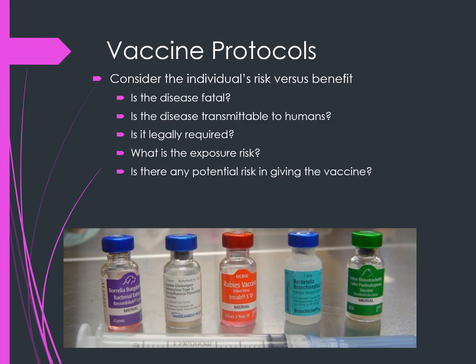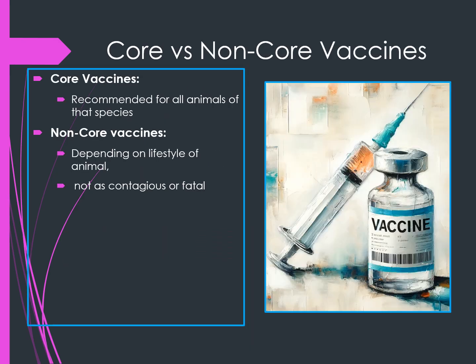So we have to also look at the health of the patient, the age, to find out what is the risk versus benefit. So this is why we have the distinction between core versus non-core vaccines. And again, these are going to vary from species to species for cats, for dogs, but core vaccines are the ones that are recommended for animals of that species.